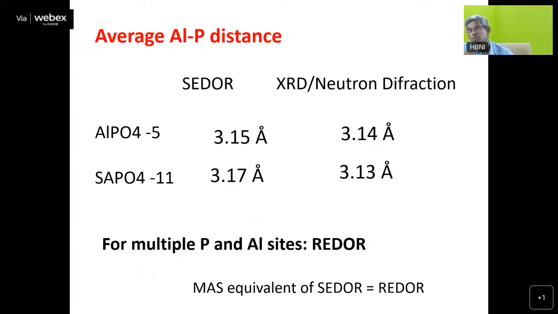So for that, a modification has been done in the SEDOR experiment, that is called REDOR. REDOR is nothing but rotational echo double resonance. We were using SEDOR, but SEDOR has an inherent problem. To circumvent that, people have gone for a technique called REDOR, rotational echo double resonance. In common language, we can say it is a MAS equivalent of SEDOR.